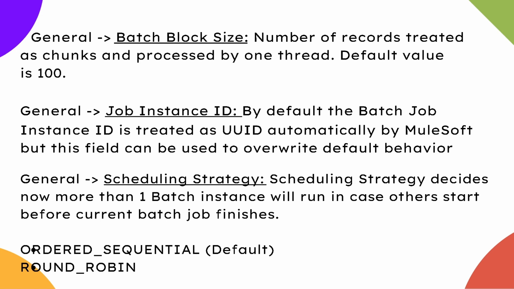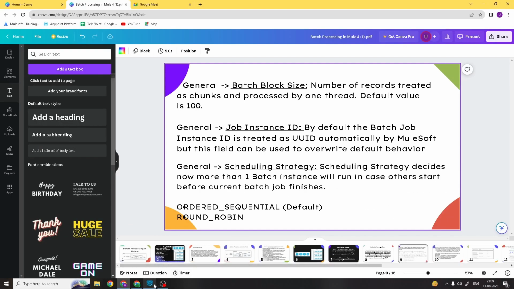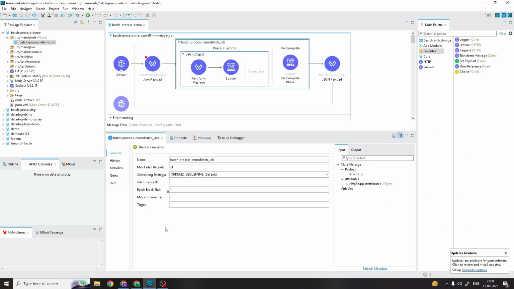Okay, you can specify your ID also, but by default it's a unique ID which specifies each batch instance uniquely. Let me go to the studio and show you where this field is. You can see this is the field.